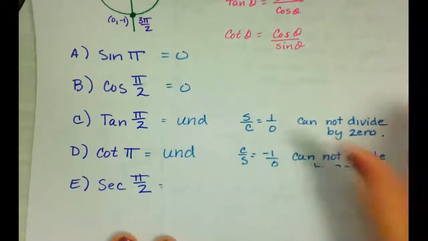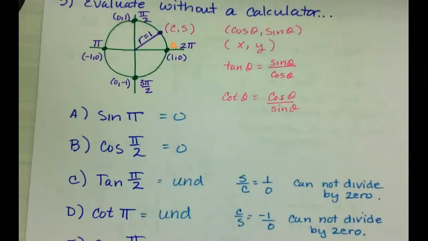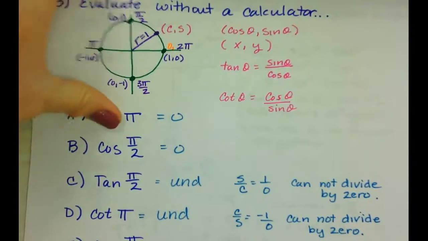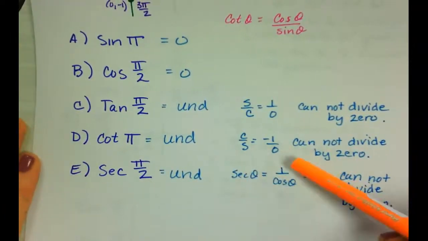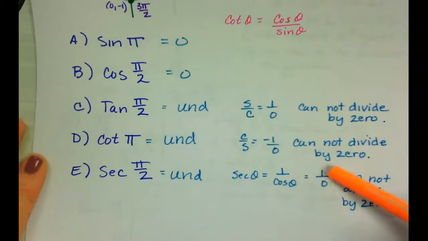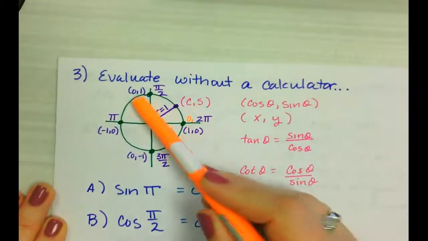And then we're down here at secant, and so secant at pi over 2, well, how do we do that? What could we use for secant? Well, that's where those reciprocal identities come into play again. So when I'm using the reciprocal identity, secant of theta is 1 over cosine. So that's 1 over 0, because cosine at pi over 2 is 0.